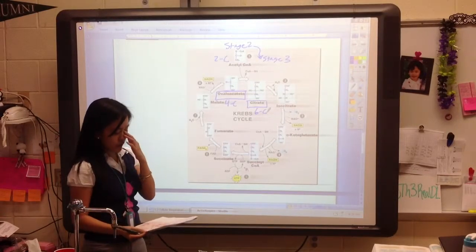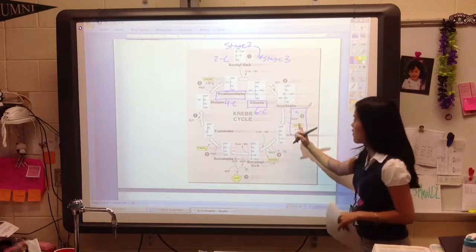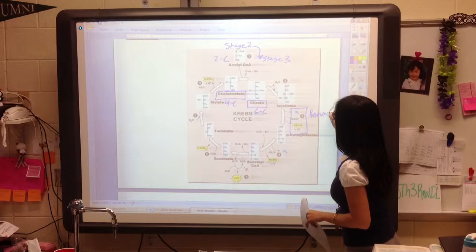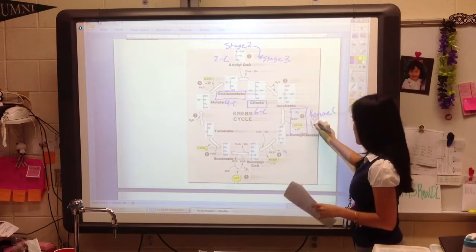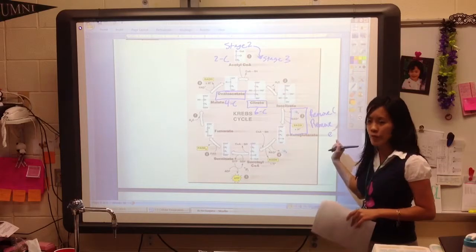Then what we're going to see from here is a lot of carbon being removed. We're going to remove carbon, and we're also going to remove electrons each time we remove a carbon.